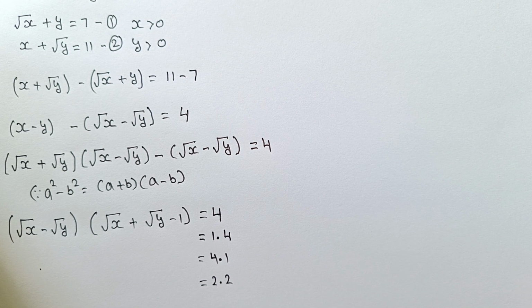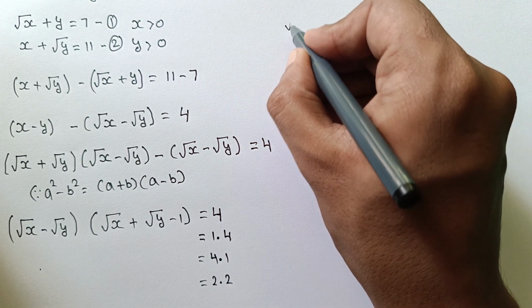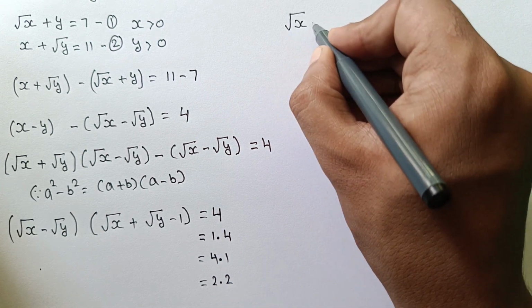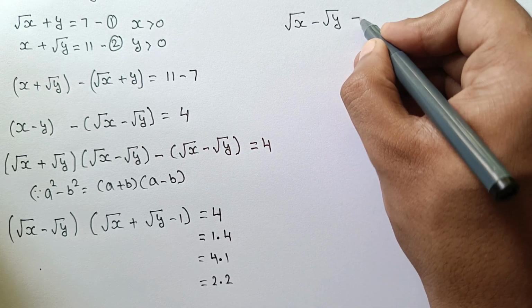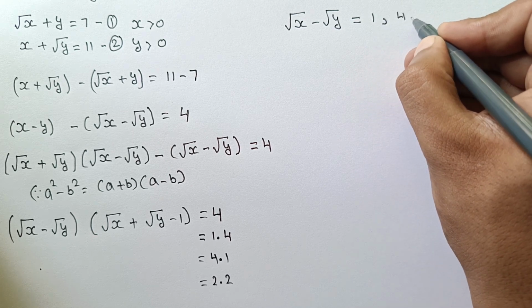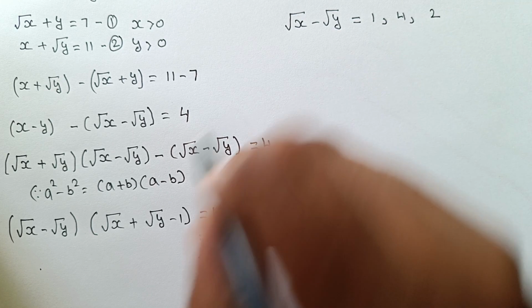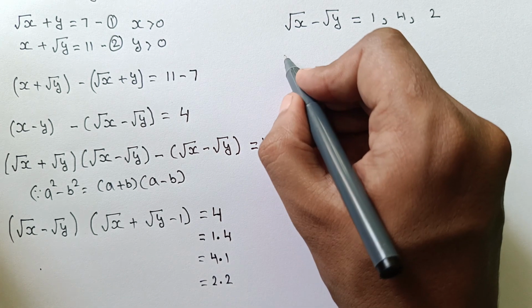So the possible values of root x minus root y come out to be 1, 4 and 2. Now these other values can be 4, 1 and 2 correspondingly.